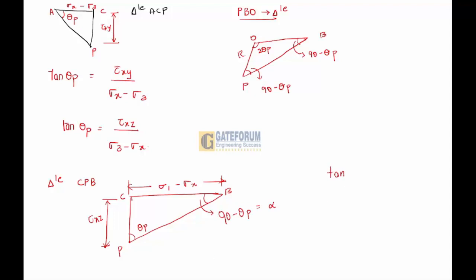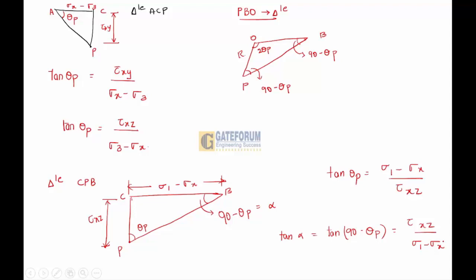So tan alpha will be equal to tan of 90 minus theta P from the triangle, that will be tau xz by sigma 1 minus sigma x.